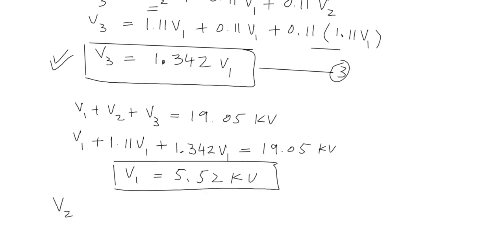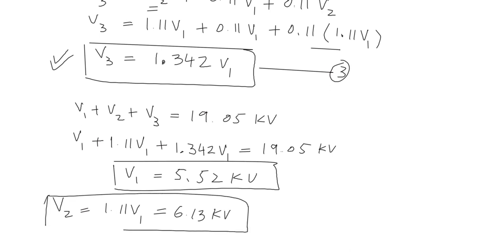Okay, so V2 will be equal to 1.11 times V1, and if we put the value of V1, 5.52, I will get 6.13 kilovolt. Similarly, V3 is equal to 1.342 times V1 from equation number 3, and if we plug in the value of V1, I will get 7.40 kilovolt.